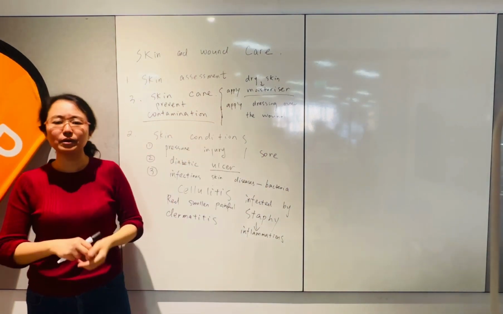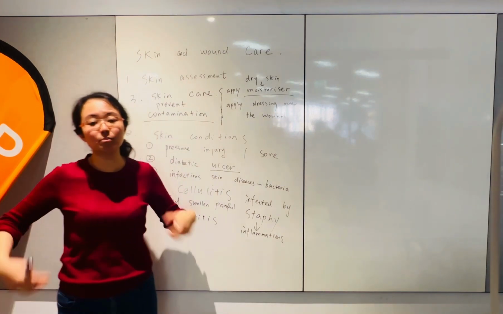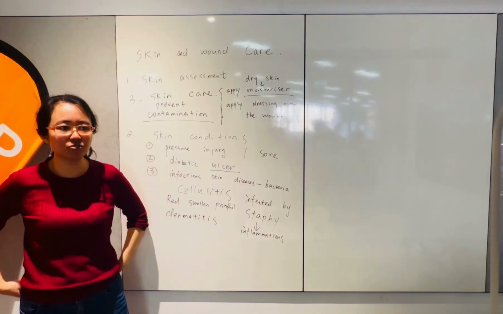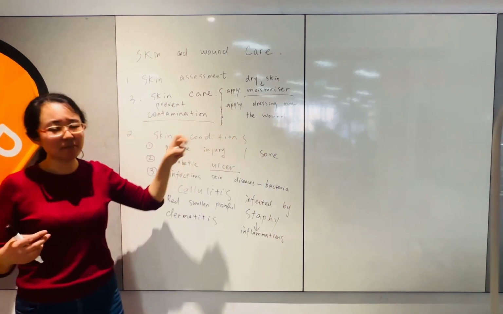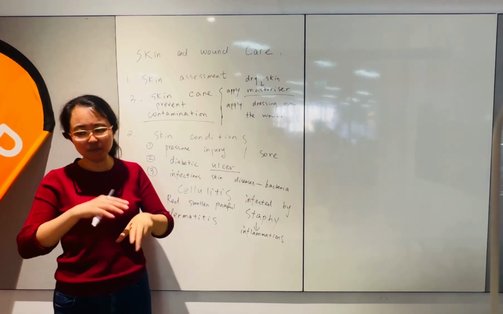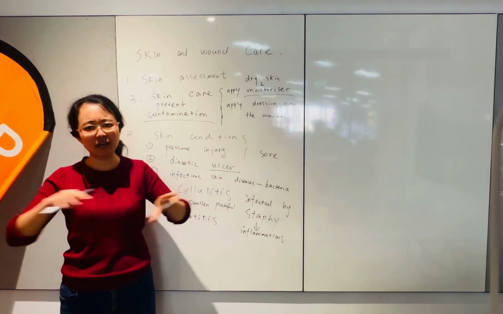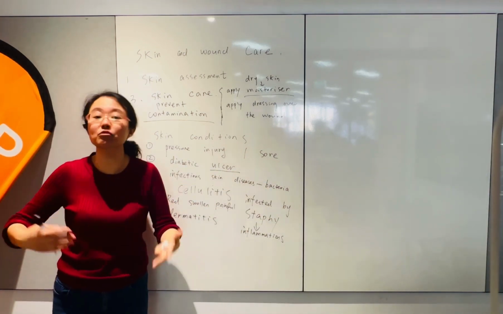Anything else? If the patient has a pressure injury, pressure sore, you have to make the patient exercise regularly, because pressure injury is normally caused by long-time immobilization. Immobilization means not moving.